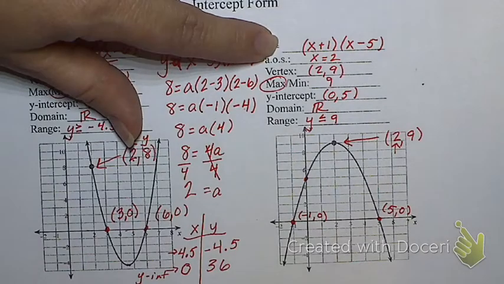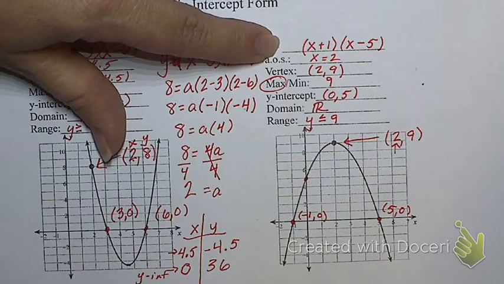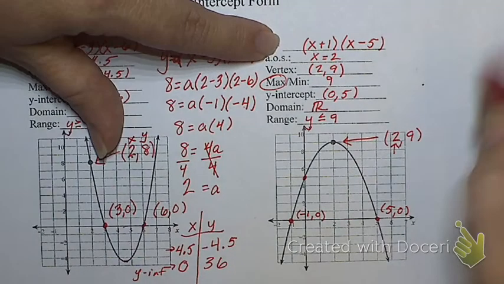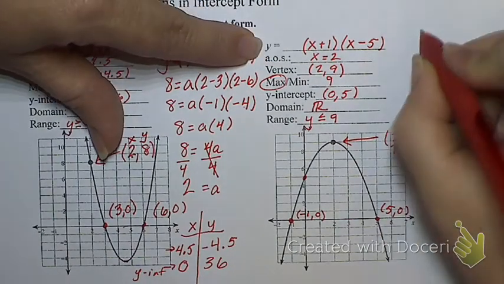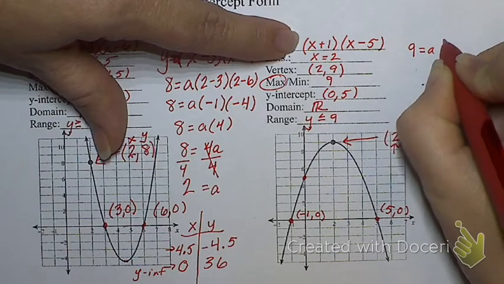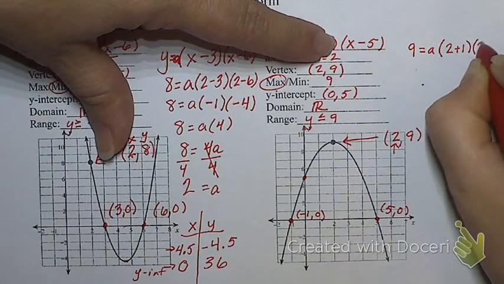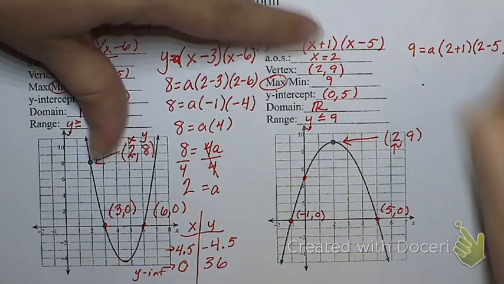Now, one thing I do know about a is it's going to be negative because this thing is opening upside down, correct? So whatever I get for a, it should be negative, otherwise I did something wrong. So I'm going to use this point 2, 9. I'm going to plug in what for y? 9 equals a, parentheses 2 plus 1, parentheses 2 minus 5.